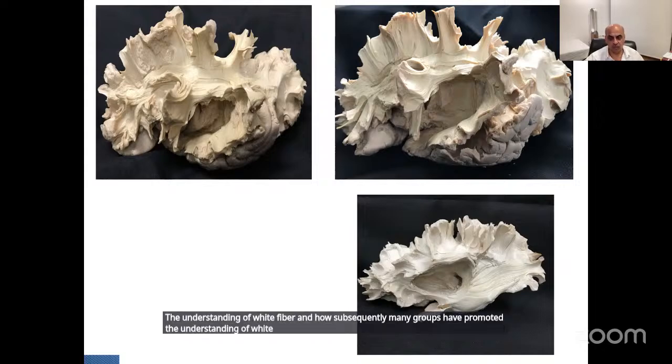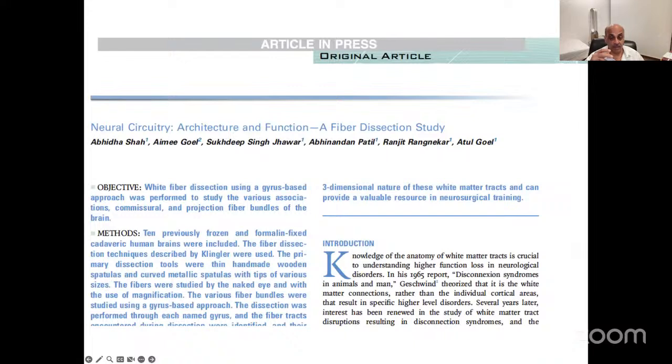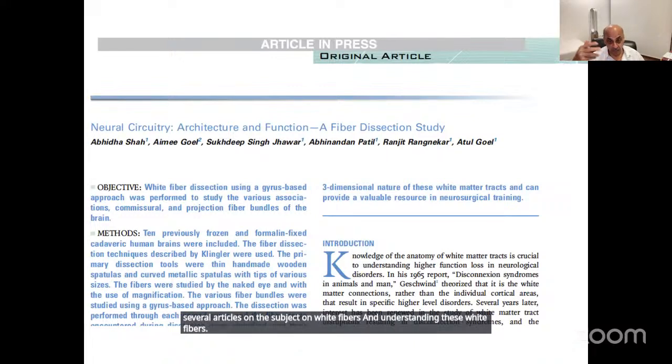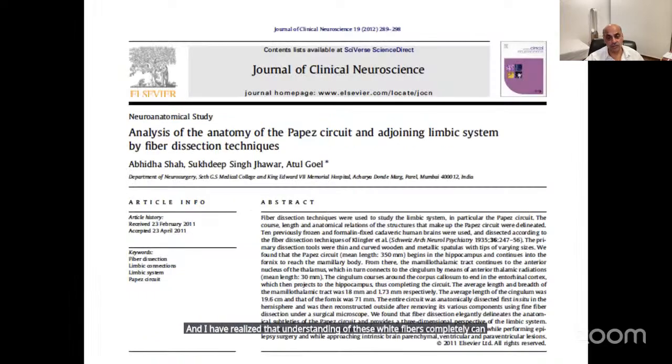In our own department, we have written several articles on white fibers. I have been personally involved in dissection of white fibers for several years, and I have realized that a complete understanding of these white fibers can change your concepts regarding neurosurgery in general and glioma surgery in particular.